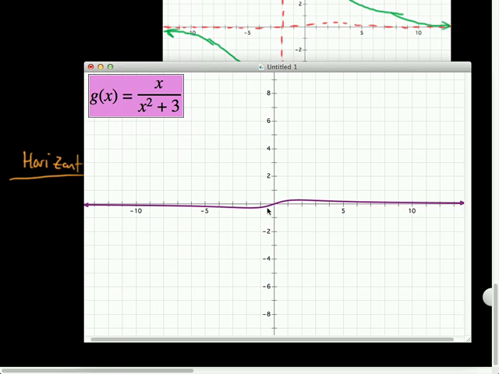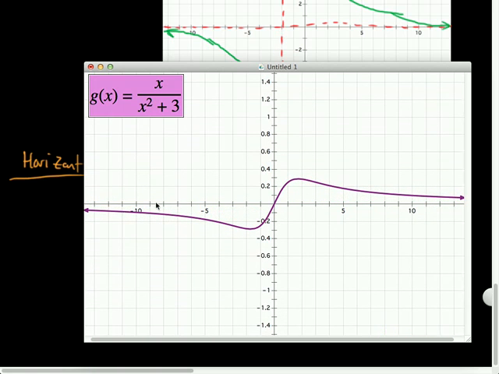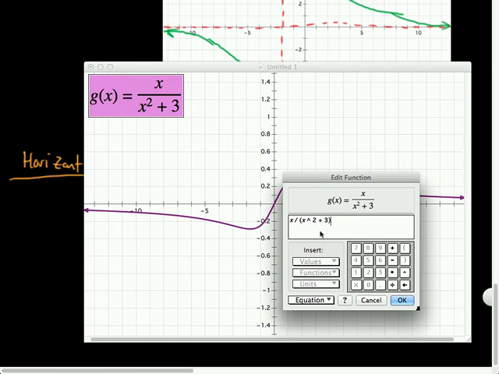Now, in this case, this does exist at 0, which is weird. But you would still potentially describe this as having a horizontal asymptote. The reason is because the horizontal asymptote is all about the end behavior, so it is still approaching 0 at those extreme values.